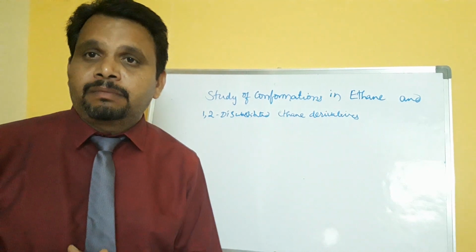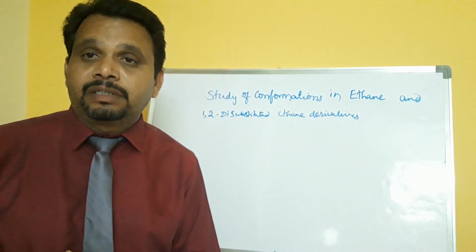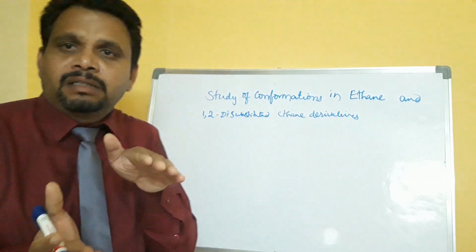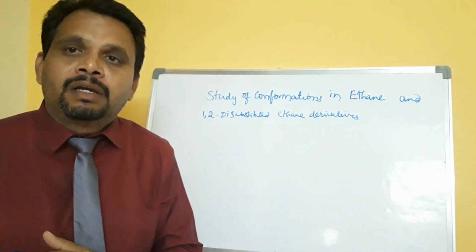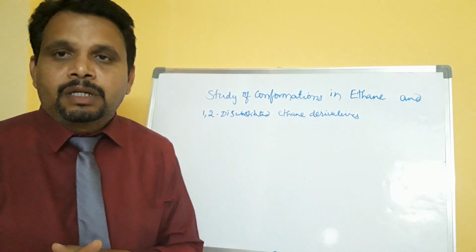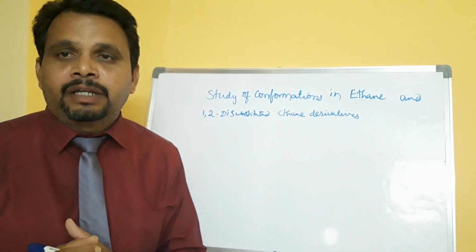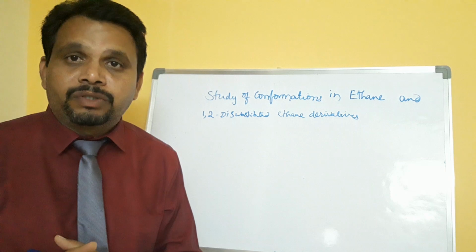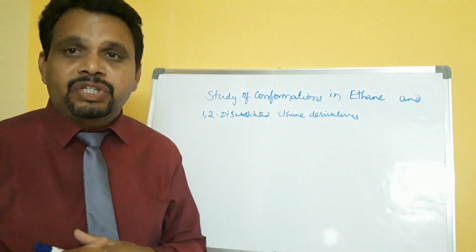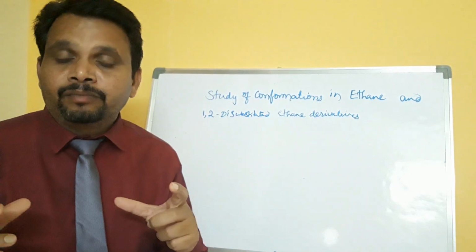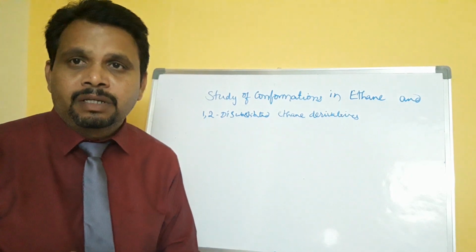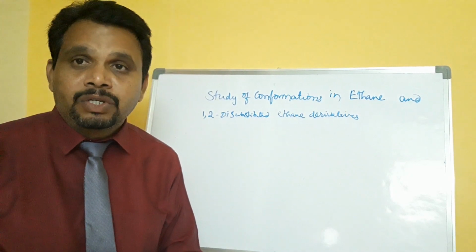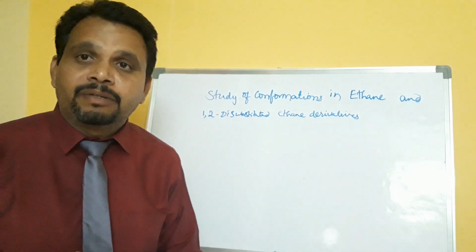In the case of the fully eclipsed conformer, the energy gap between the staggered, which is more stable, and the fully eclipsed, which is more energetic, is about 18 to 25 kilojoules per mole. So those are the energy differences, and you will get a non-sinusoidal curve in that case for the potential energy diagram. All those details I gave in my last class.